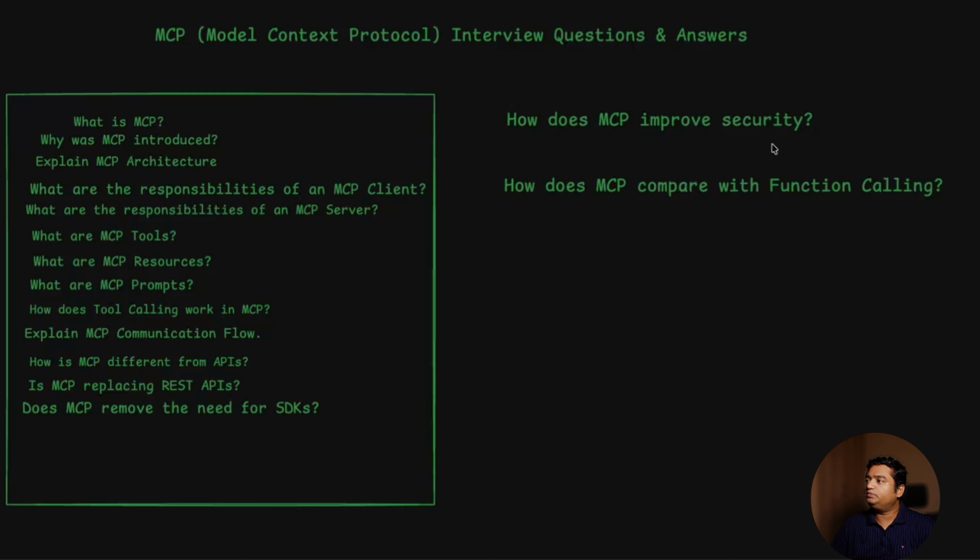How does MCP improve security? When we saw the architecture, and in multiple questions, we have seen that the MCP server connects to the external tool. The MCP server takes care of validating the input parameters, and it also takes care of authentication. The tool connecting mechanism and the authentication mechanism are not handled by any LLM.